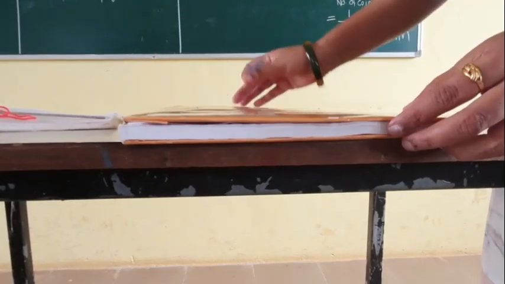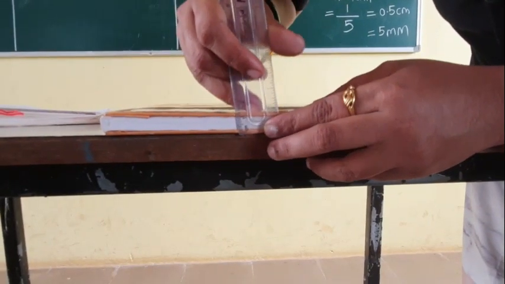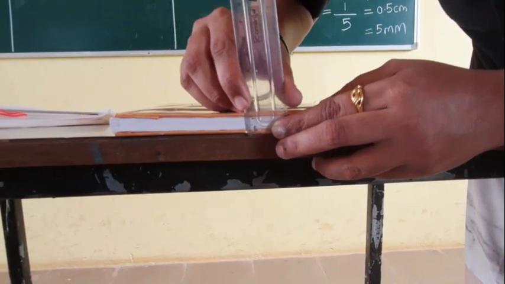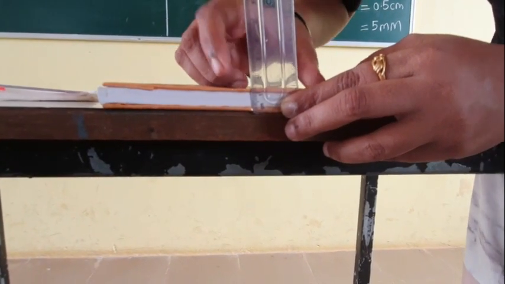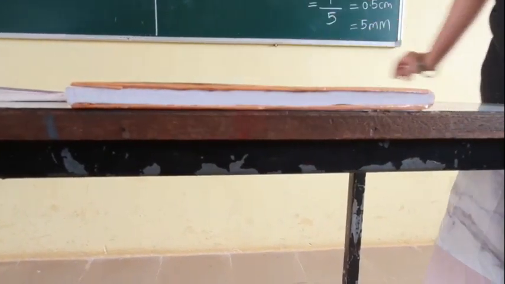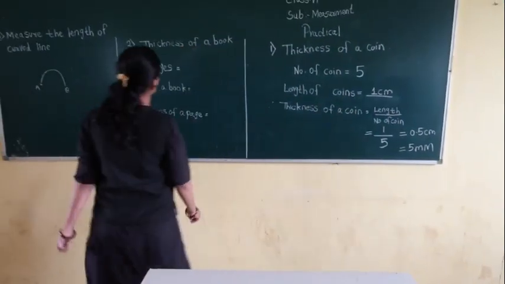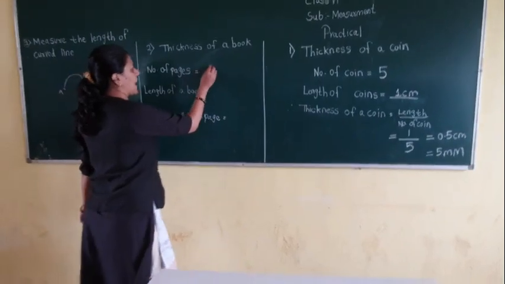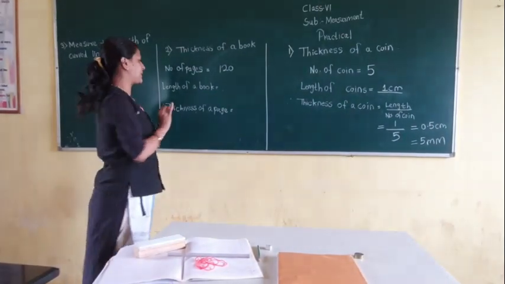So if it is asked with cover, we will do it with cover. See my dear students, this is a book, and with the help of the scale, if you measure the length, it is coming 1.2. In this book, the number of pages is 120. How many pages are there in total? 120.